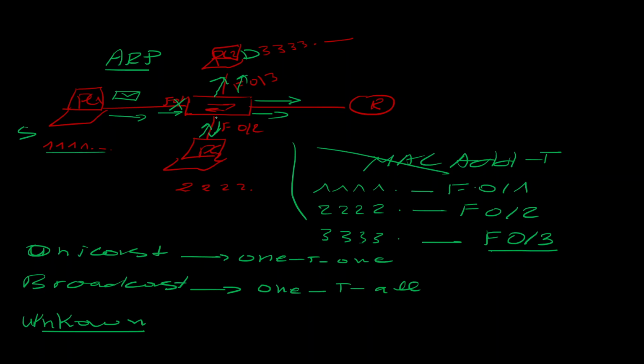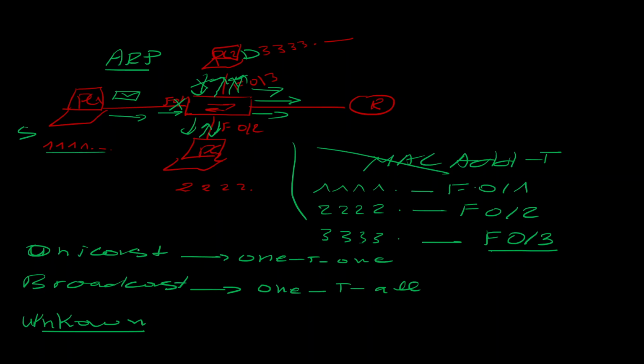What if the switch receives a frame with an unknown destination MAC address? In this case, the switch will forward the frame out all ports to make sure everybody gets the frame, except the port that it was received on.